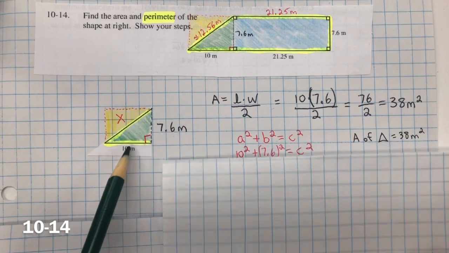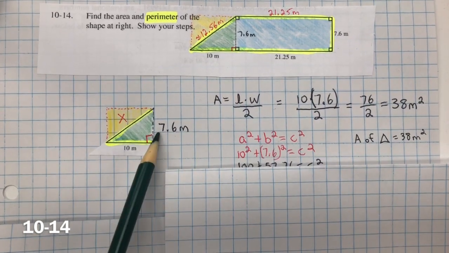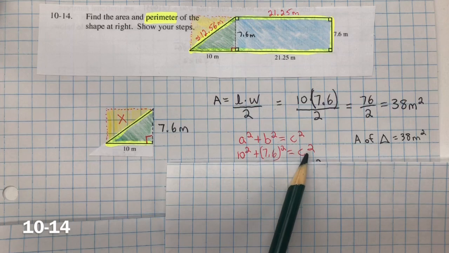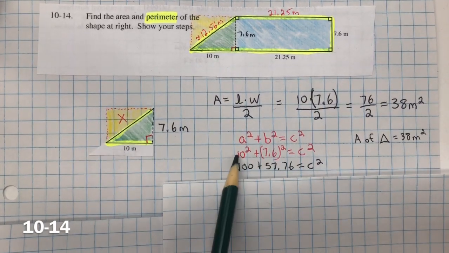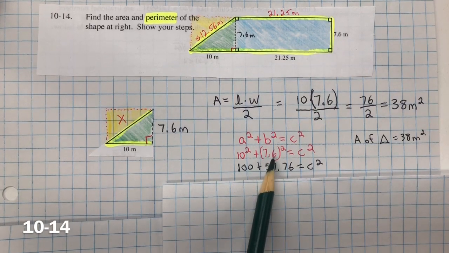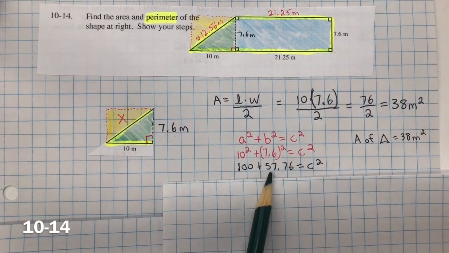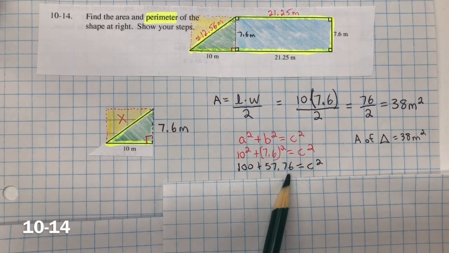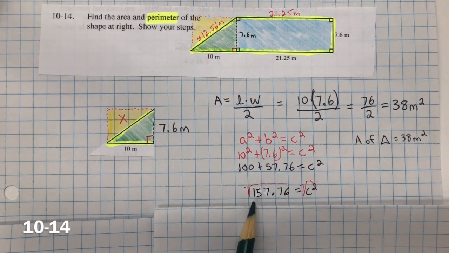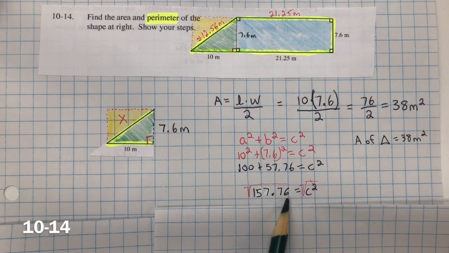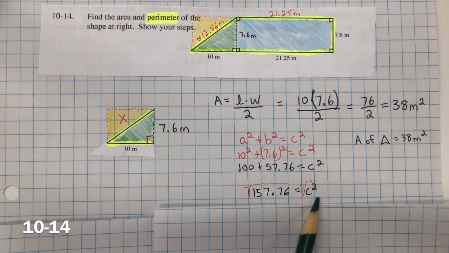So we have 10 squared plus 7.6 squared equals c squared, which is x. 10 squared is 100. 7.6 squared is 57.76. Add those two up, and you get 157.76 equals c squared.